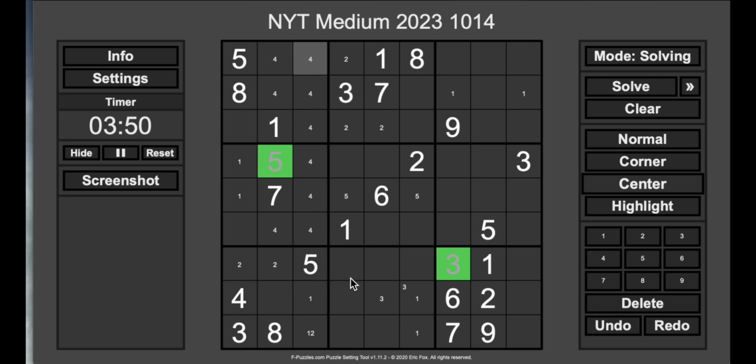4 and 4 is either. 4. 8 has to be one of these 2.